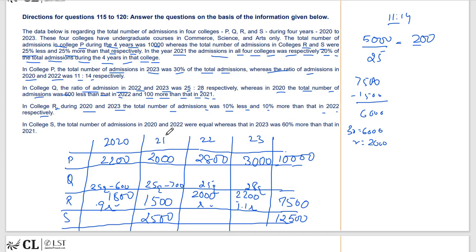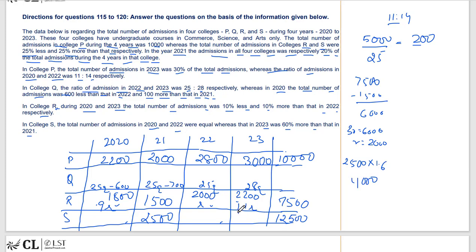For S, the total number of admissions in 2020 and 2022 were equal. So these two were equal. And 2023 was 60% more than that in 2021. So 2,500 increased by 60%, that is 1.6, comes out to be 4,000.